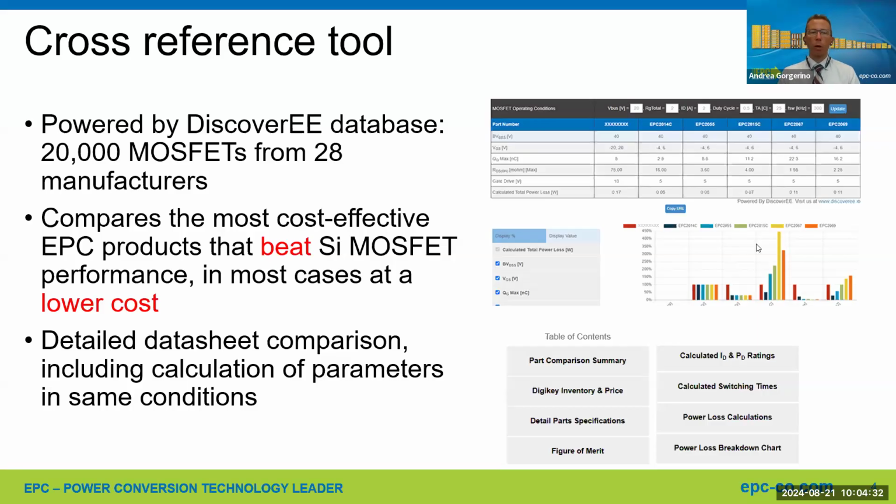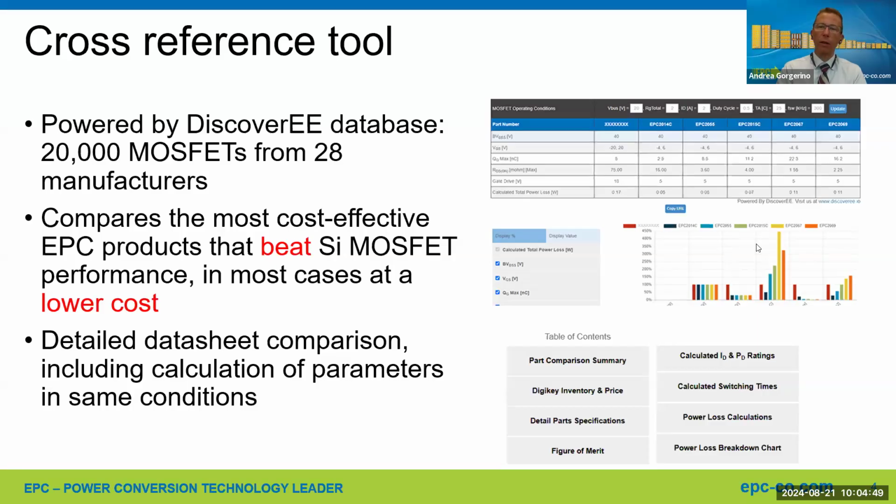The way we did that, we partnered with Datasheets Discovery. They created a very large database of pretty much every MOSFET that's out there, 20,000 MOSFETs from 28 manufacturers. So if you're using a silicon MOSFET today, chances are it's in the database. And they've digitized the data sheets.